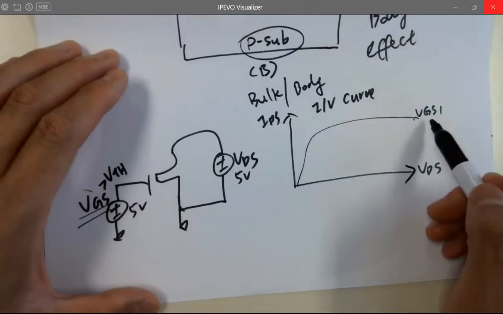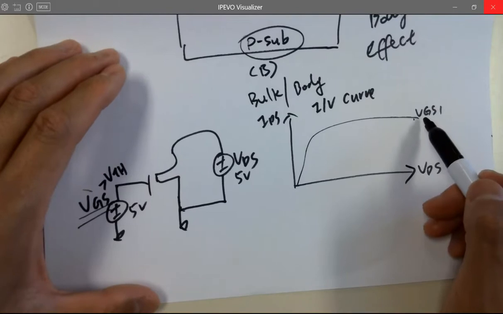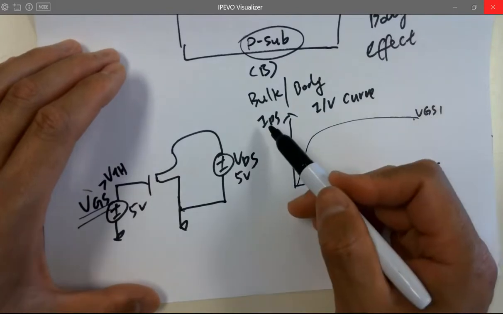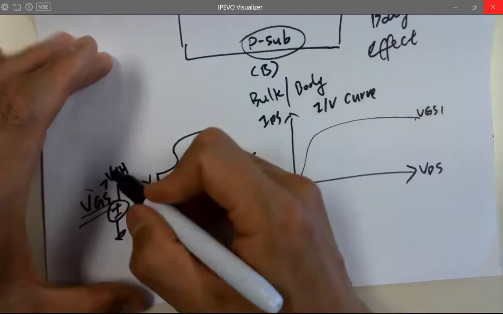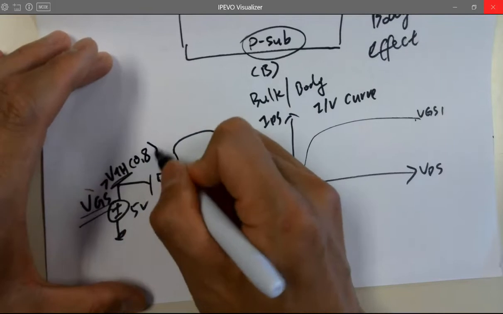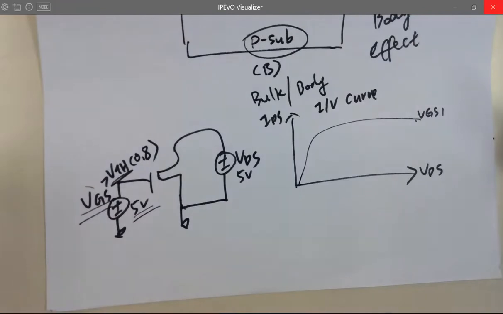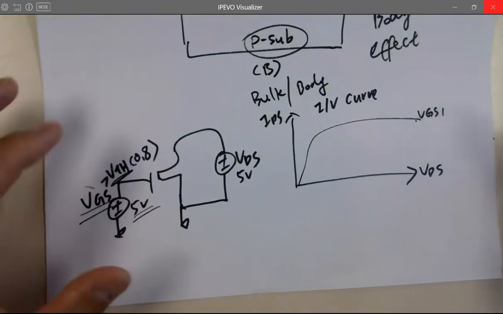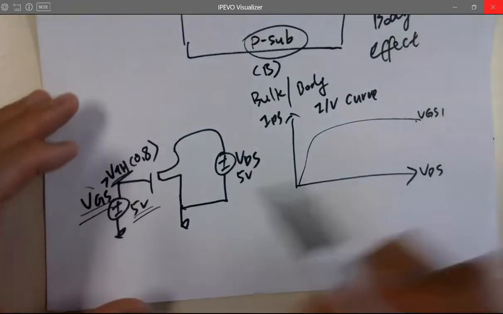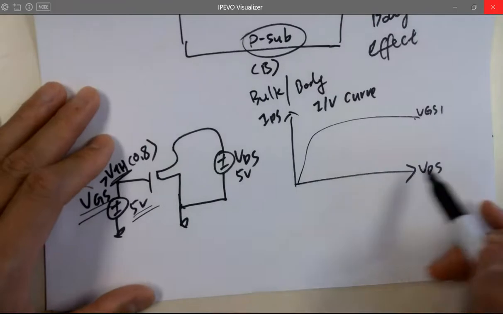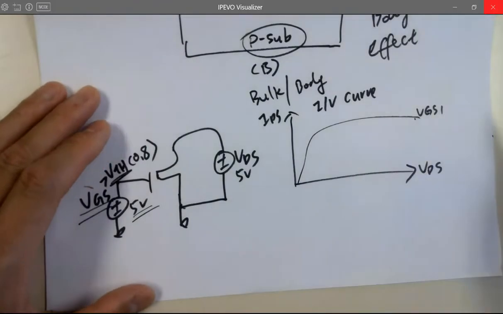So you can imagine that larger VGS is going to give you a larger IDS or smaller IDS. Because VTH is what? 0.8, right? Because 5 volts is way larger than 0.8. You don't need really 5 volts to turn it on. 2 volts will also turn it on. However, whenever you are plotting this curve, VGS is not changing, right?